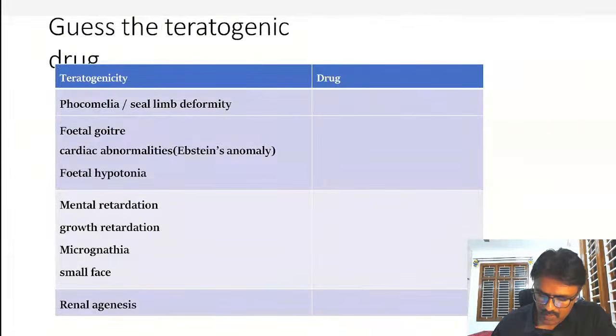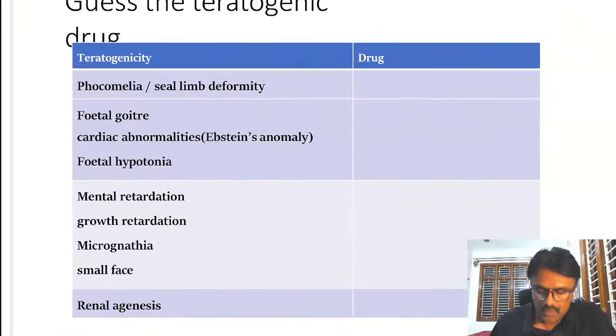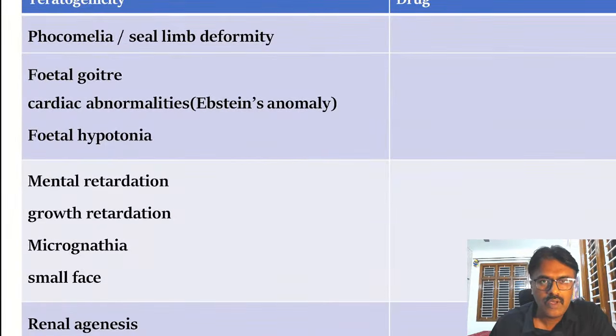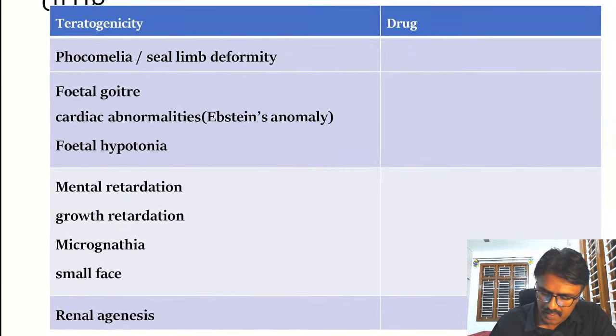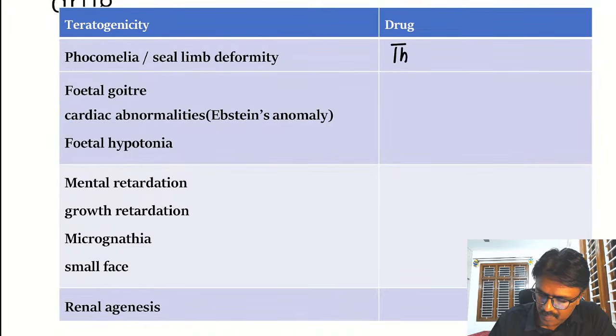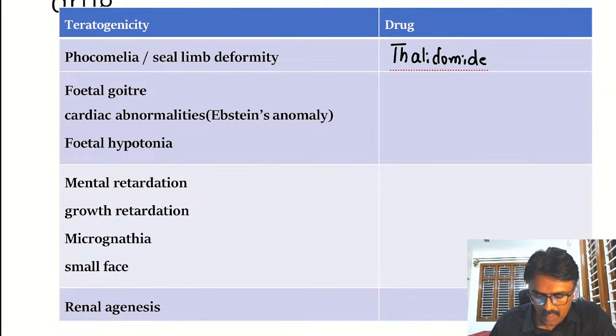Because of this question, we will now play guess the teratogenic drug. Which drug can cause phocomelia or seal limb deformity? Yes, the drug is thalidomide. What drug can cause goiter, Ebstein's anomaly and hypotonia? The clue is Ebstein's anomaly: lithium.